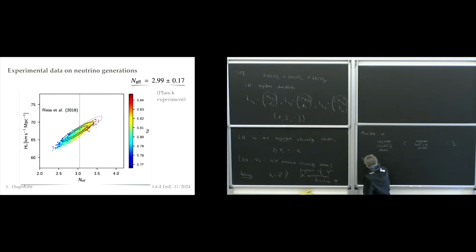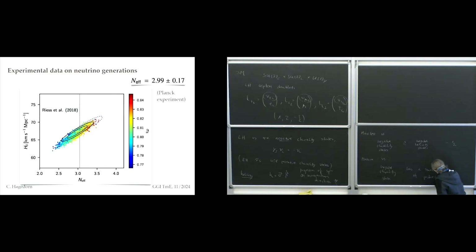If it's massive, it is no longer true that these are identical, because you can change your frame, and then you would find that a negative chirality state has a small component of positive helicity.